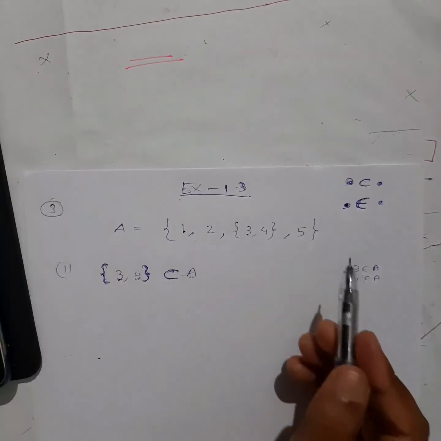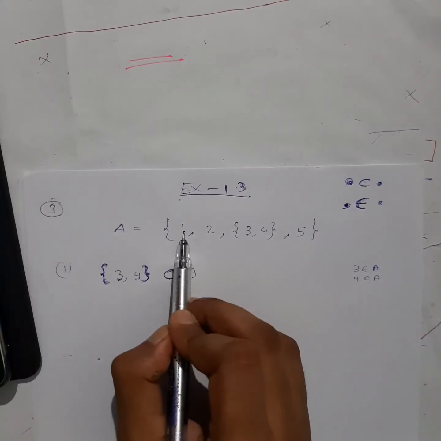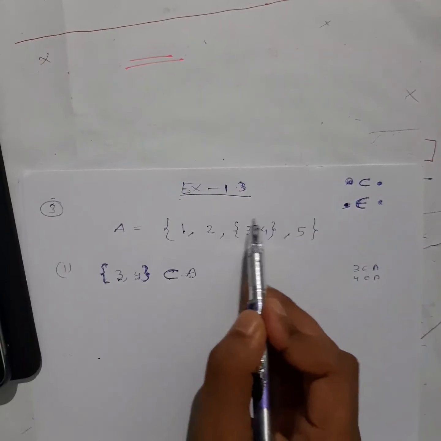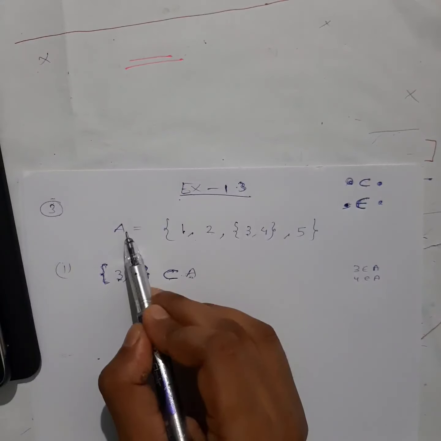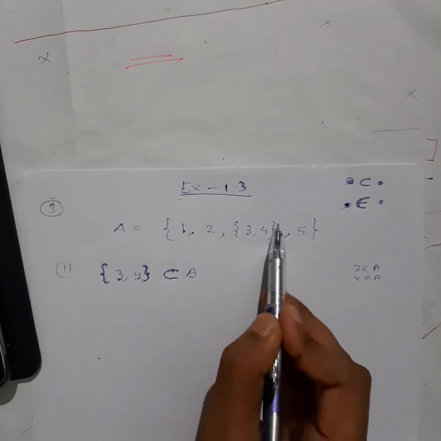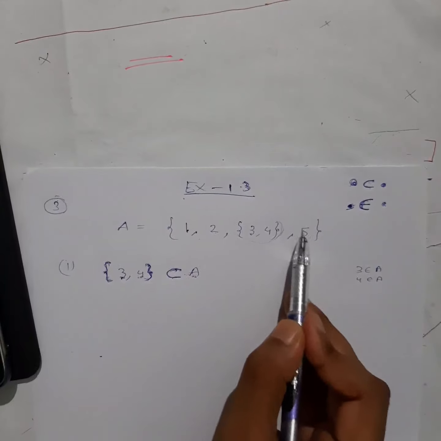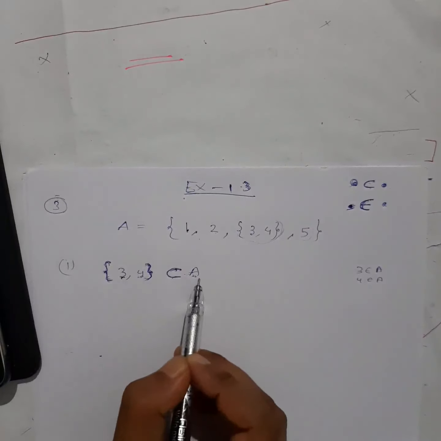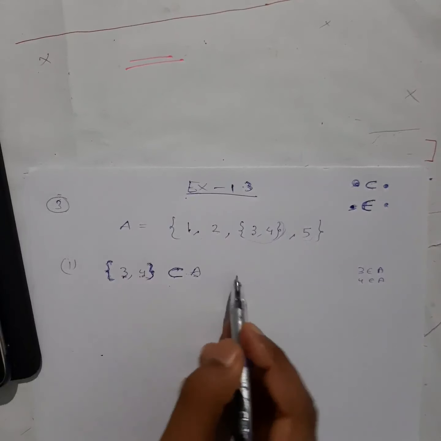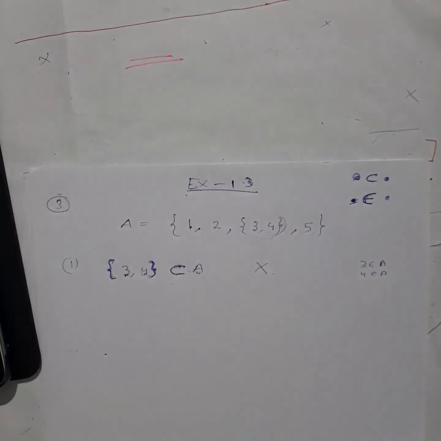When I ask what the elements of A are, you will say 1 is an element of A, 2 is an element of A. This set is an element of A, not 3. 3 is not an element, this set is an element here. And this 5 is an element here. So 3 is not an element of this one, nor is 4. So this is an incorrect statement.